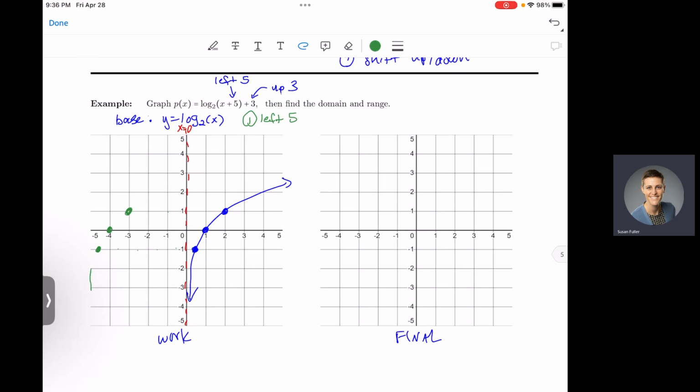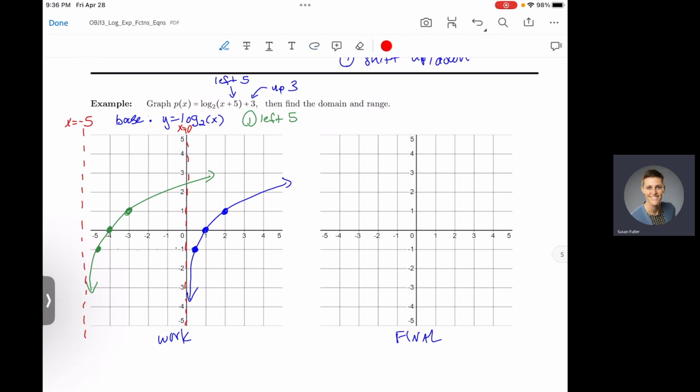So here is our shifted graph. We went left 5 units, and notice that when we shift this graph to the left, our vertical asymptote goes with it. Our vertical asymptote is also going to shift 5 units to the left, which means our vertical asymptote is now at x equals -5.